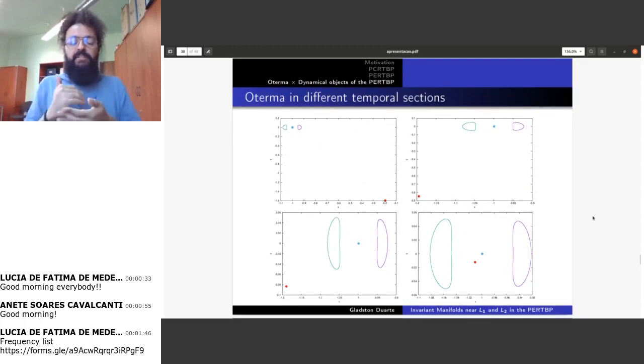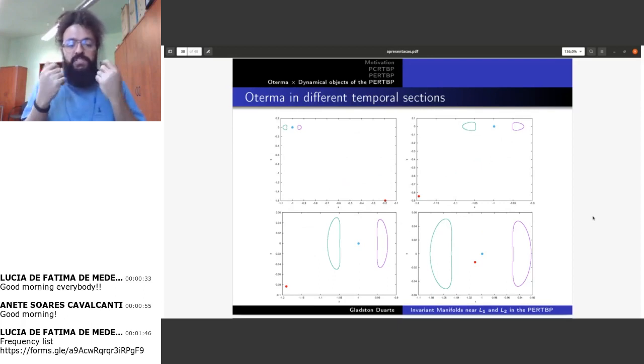Here, remember that I said that we determine 4 time sections, 0, pi over 2, pi, and 3 pi over 2. And for these time sections, Oterma's orbit is a discrete set of points, right? And we are kind of stuck on it.